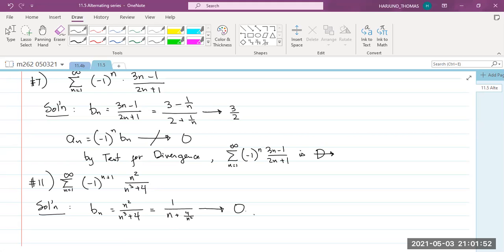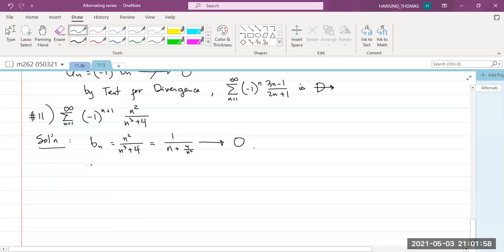We need the decreasing part. How do we show that it is decreasing? Claim: Bn is decreasing. How do you prove that?